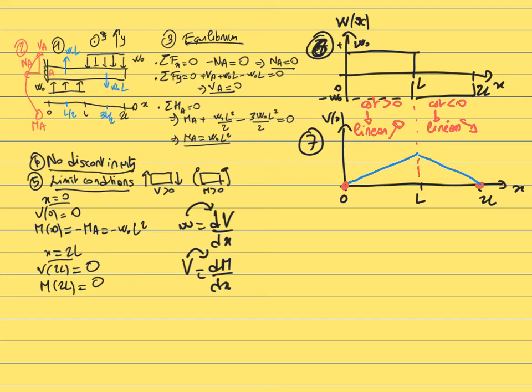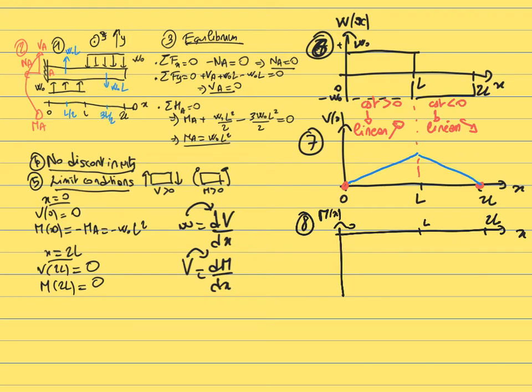So then the next step, now that we have the distributed load and that we have integrated that into the internal shear, the last step will be to integrate this graphically in order to get the internal moment. Same thing, we want to plot the internal moment between 0 and 2L, and we are going to start first by placing the limit conditions.